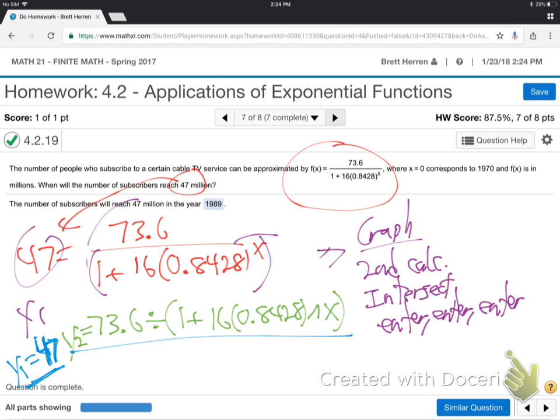So I put in y1 and y2. I hit graph. And there's what I got. I haven't adjusted my window yet. Now, is that a good window? How do you figure out what the right window is?